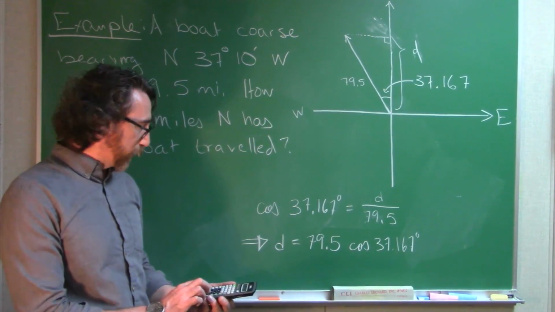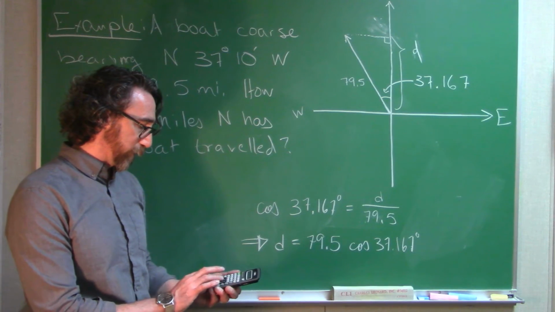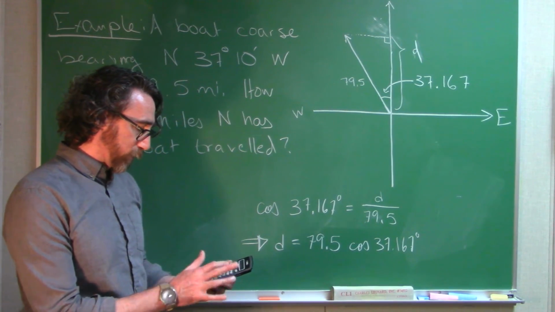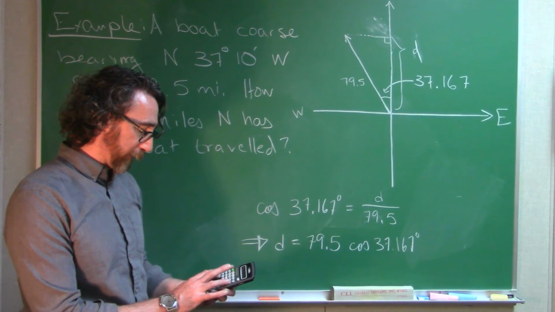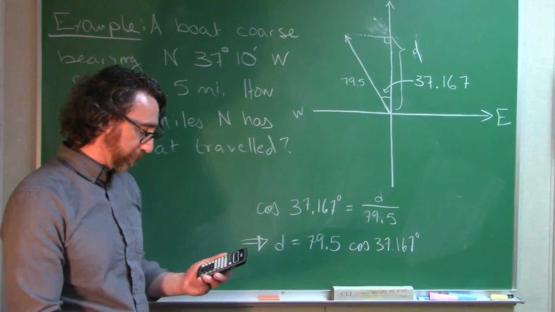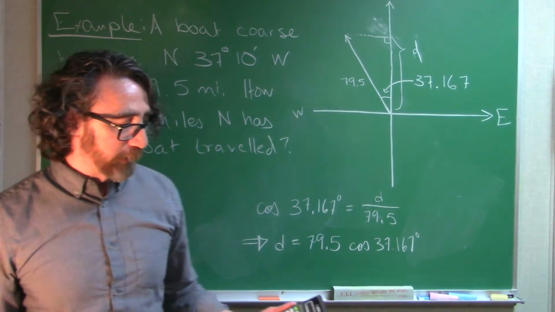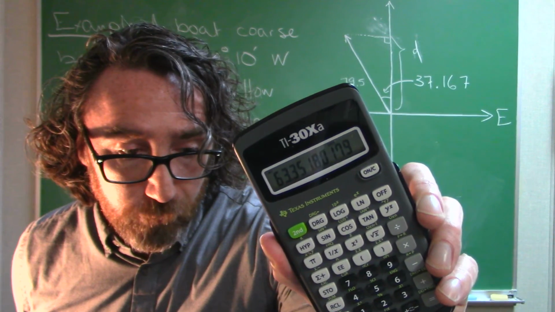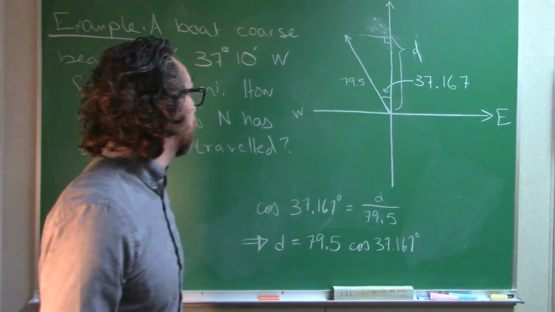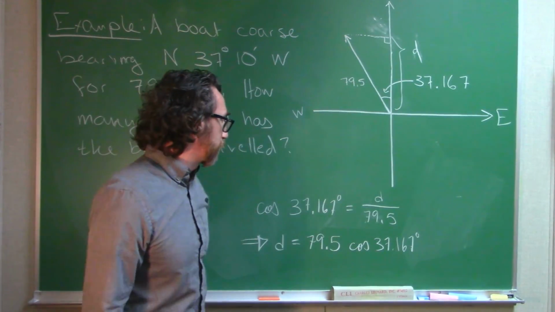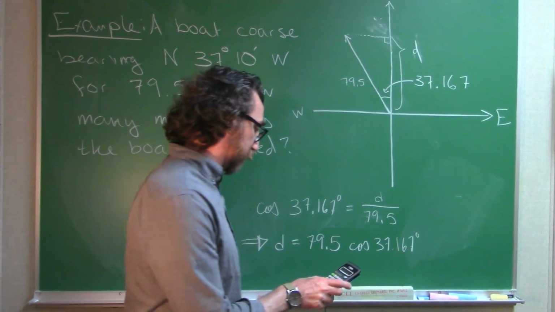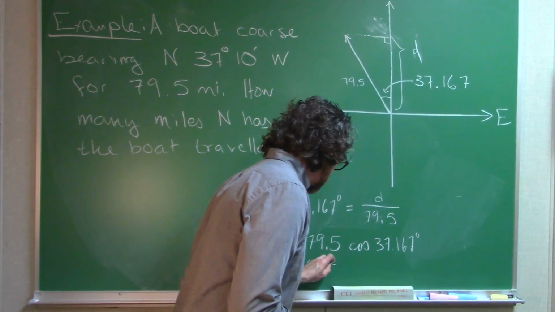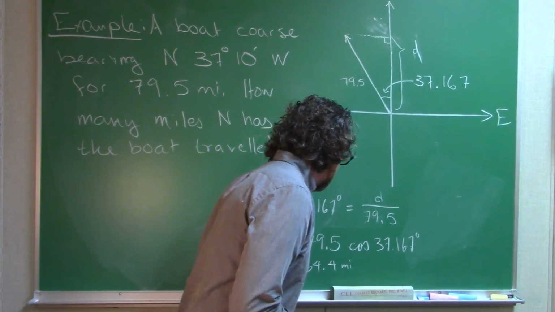All right, so I'll do the computation here, 37.167. I'll take the cosine of that on my calculator, multiply that by 79.5. Okay, my calculator is giving me 63.35, blah, blah, blah. I'm guessing I should probably go to 3 significant figures there, so we'll call it 63.4 miles north.